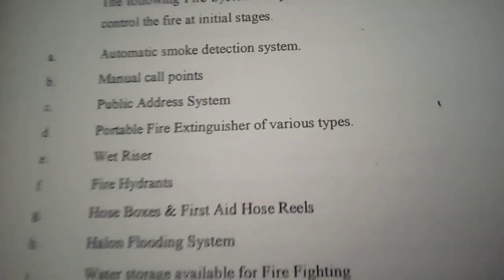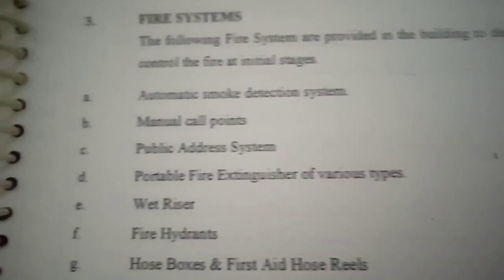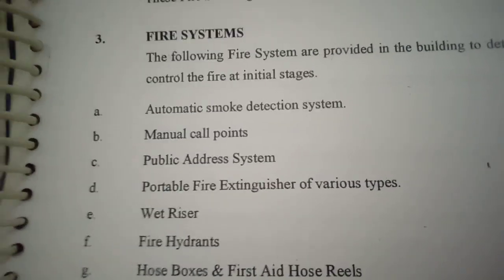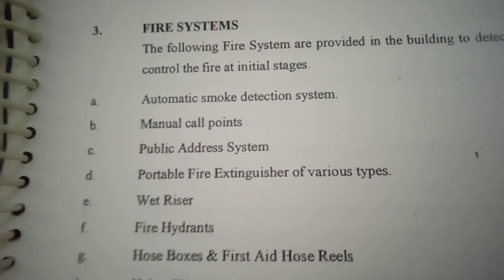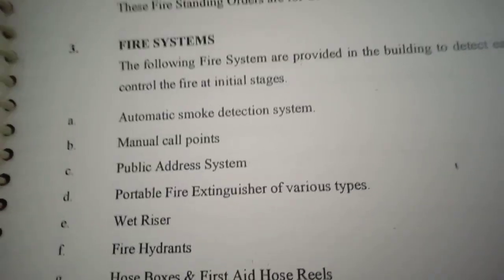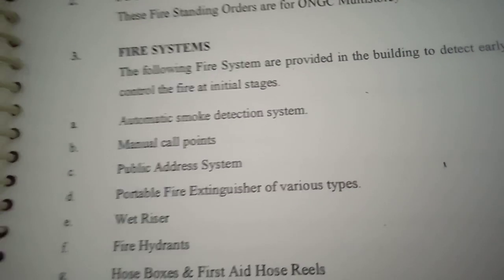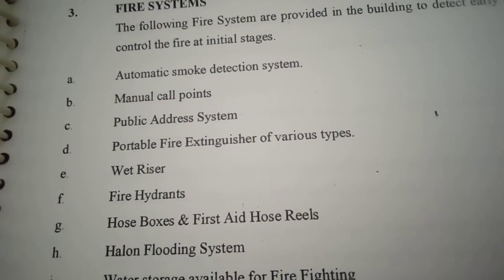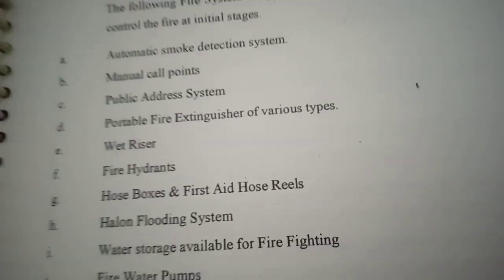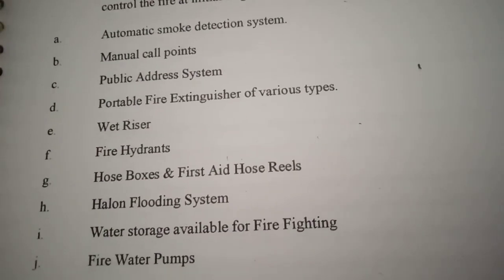First, what is the automatic smoke detection system? The automatic smoke detection system is an automatic device which detects the smoke before the fire is produced. So if it detects smoke, it automatically gives the alarm. Then there are manual call points, public address system, and portable fire extinguishers, which are small and used to protect against fire.